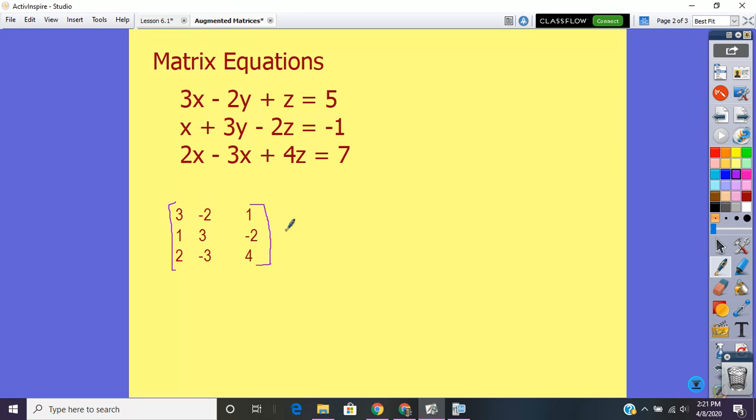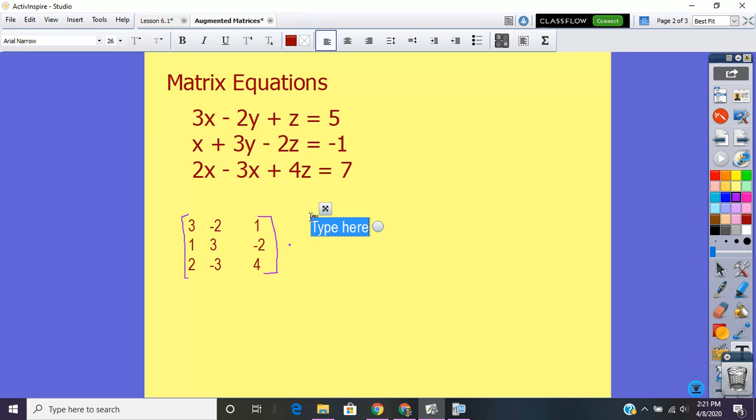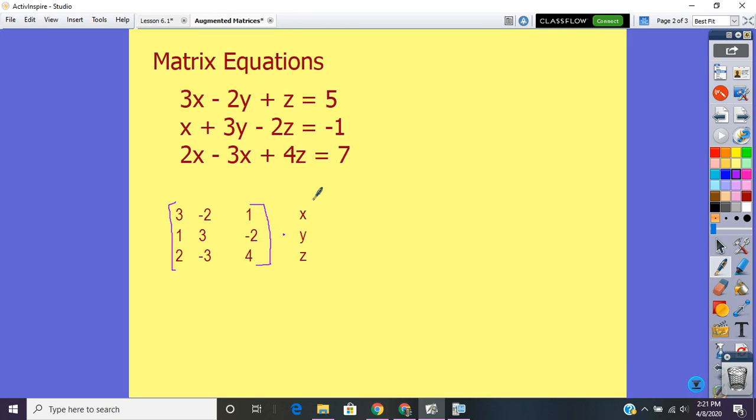Then I'm going to have times, and now I'm going to type in my variable matrix. Well, my variables are x, y, and z. So that's my next matrix I'm going to deal with. And this is going to equal my constant matrix.